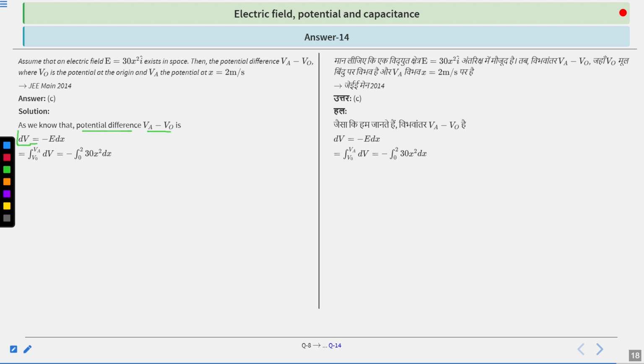Now using the concept of integration, integrate both sides, from VO to VA, where VO is the potential at the origin and VA is the potential at x is equal to 2 meter.